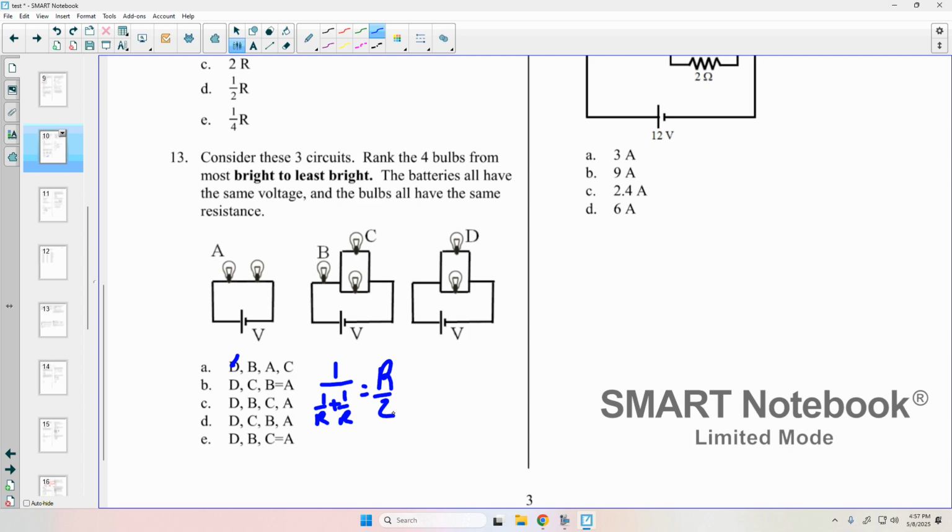Yeah, 1/2 R. So this would be R over 2. Both of these would have the same voltage. This is R and R.